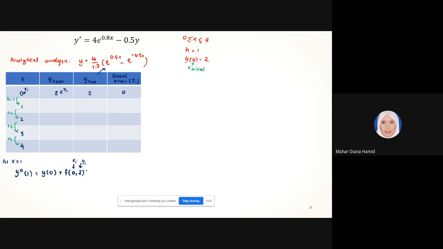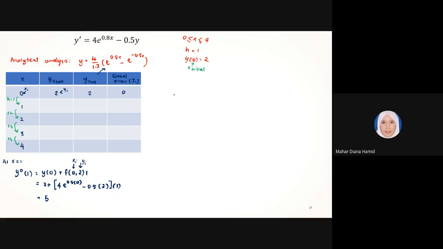And then the step size is 1. So if you try to substitute the value, which is 2 plus, we just substitute into this equation, the original, 4. So this would be 0.8 minus 0.52. We actually will get 5.